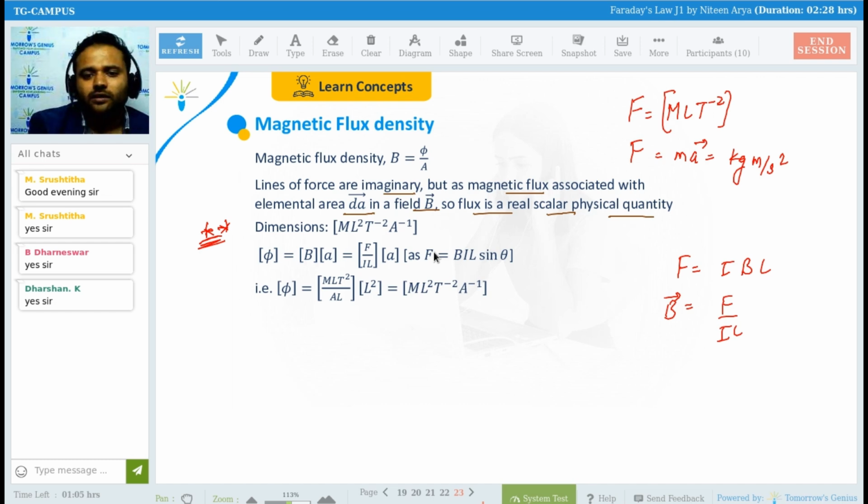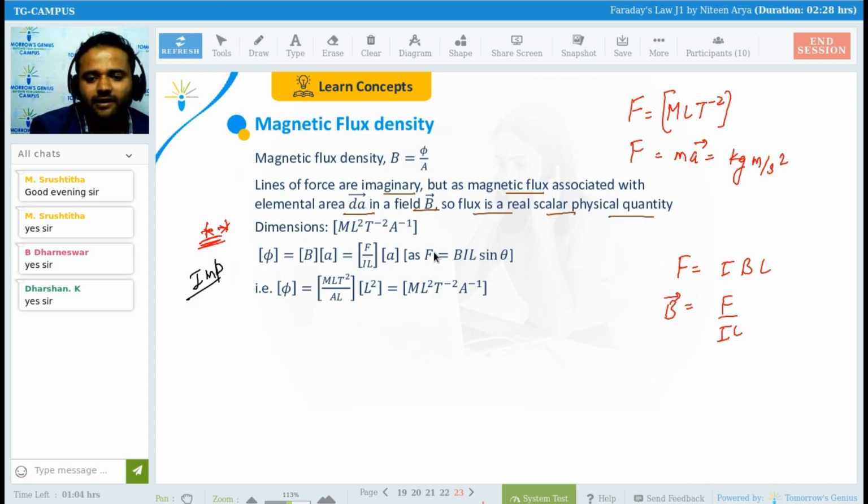Using this terminology, we can get phi. Important. I don't know for everything, but for some, yes, it's okay. So that's why in this way we can teach. Phi is B dot A, where A is area. Simple. How can you get the dimension of this?